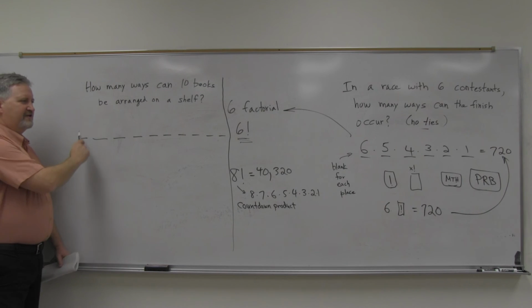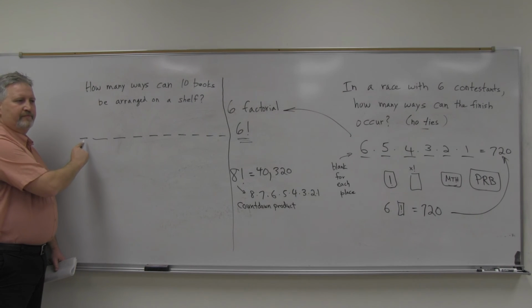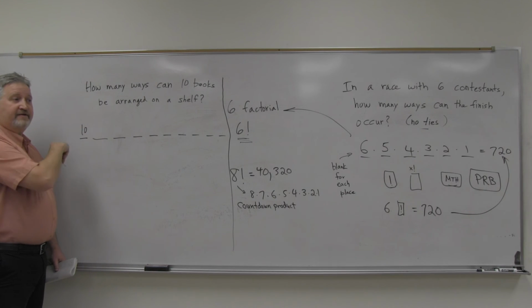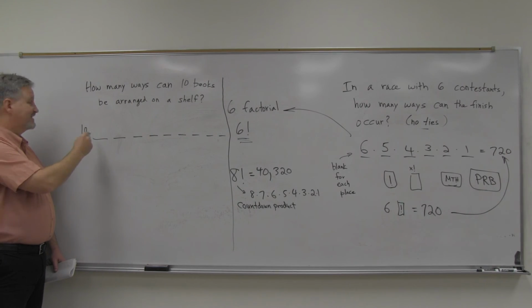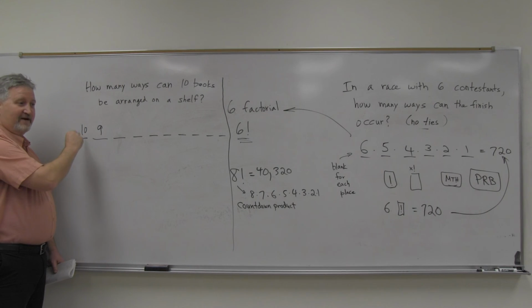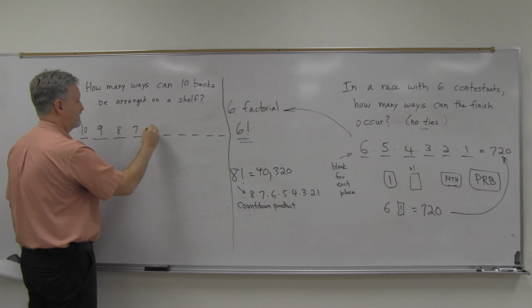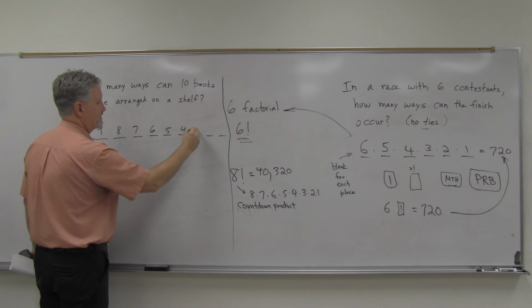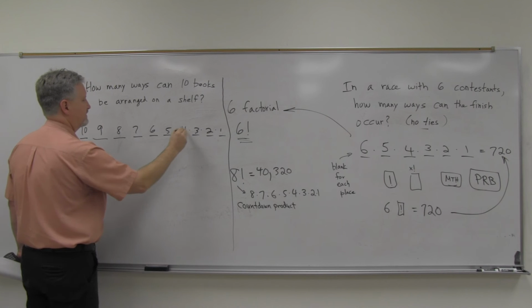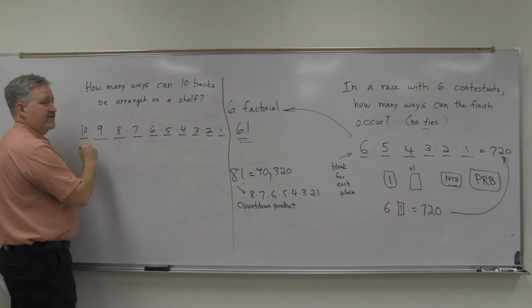So if I start with the first book, how many different books could go here? 10 of them. But what happens to the next? It keeps going down, doesn't it? Because whatever book you use here, you can't use again, so guess what? What have I got here? This countdown product. So how could I enter that in the calculator?